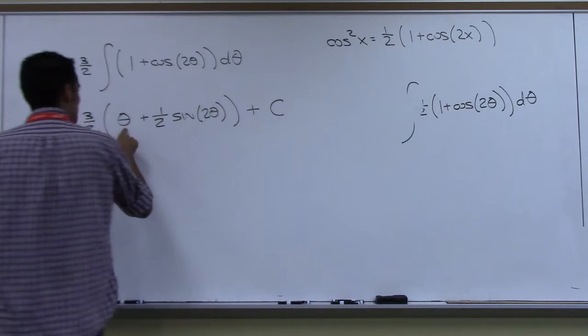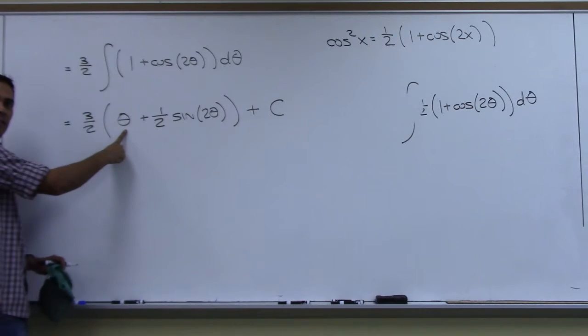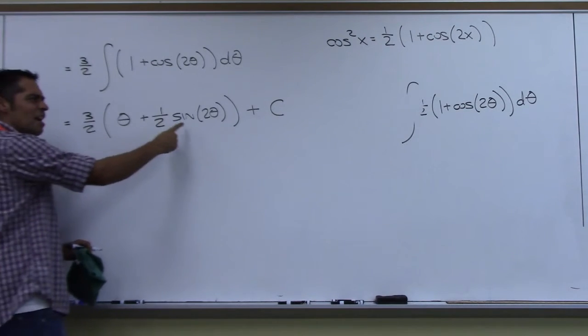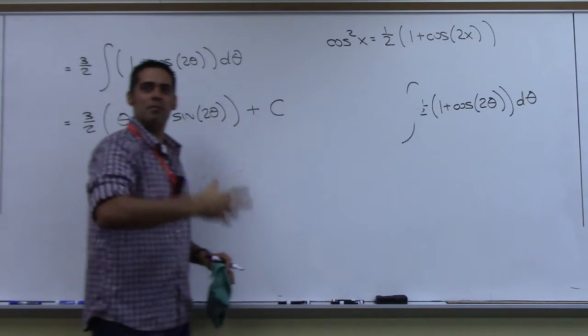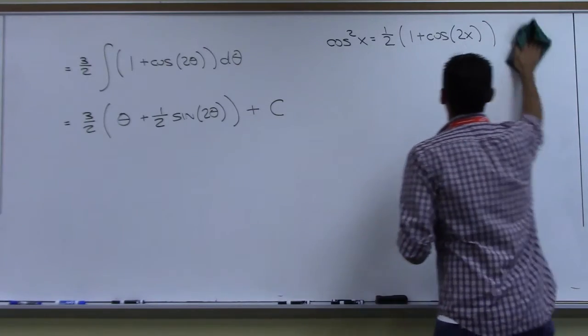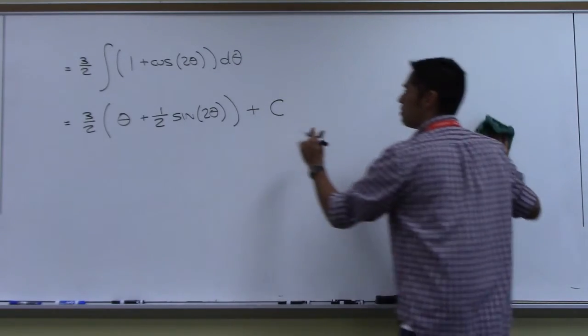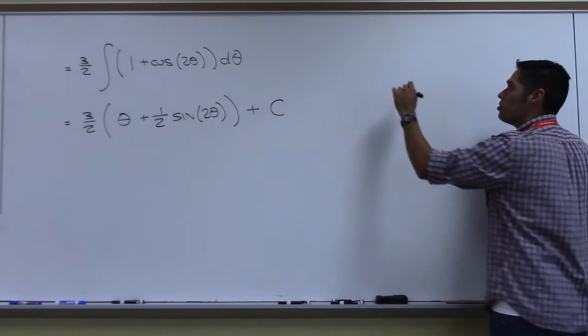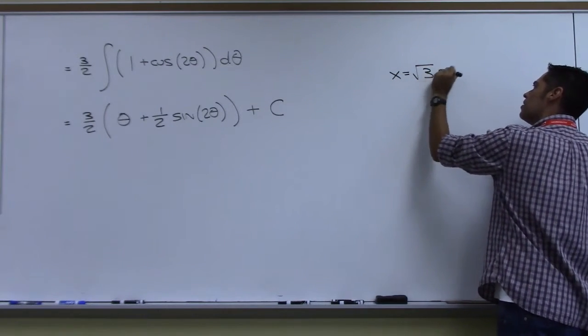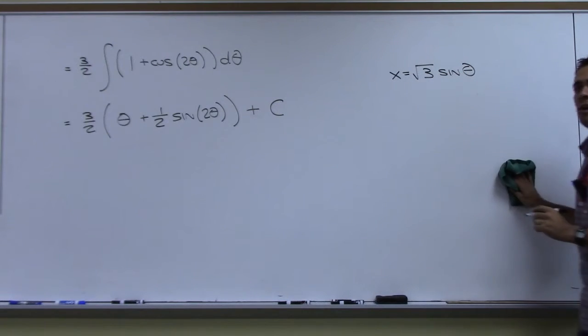My answer is in terms of theta, the angle theta, whatever that is, and sine 2 theta. My original problem didn't have 2 theta in it, did it? What is the thing that I told you to go back and look at when you get to this point? Your original substitution, which was x equals root 3 sine theta. I said draw a triangle off of this, yes?